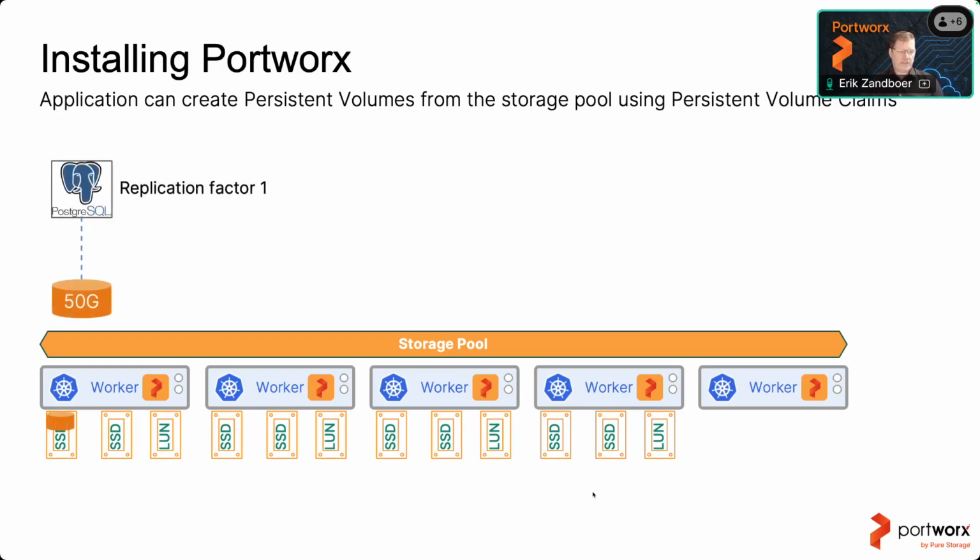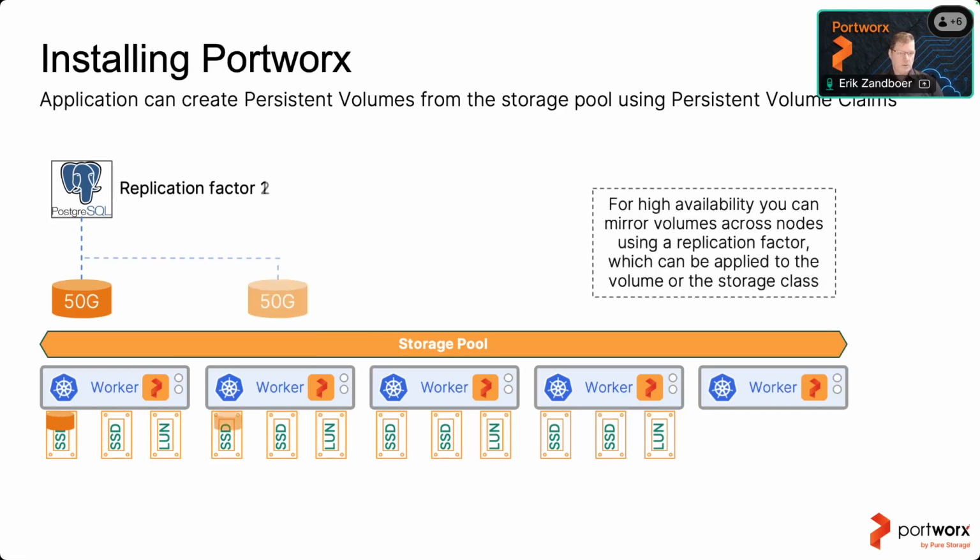So if I deploy an application and I use REPL1 or a replication factor of 1, obviously we get one copy. It's placed on one of the devices down here, and it works. But if you lost this worker node, you'd lose the data. So you might go up into REPL2 or a replication factor of 2. Portworx will take care of the replication, and it will create a synchronous copy on another worker node.